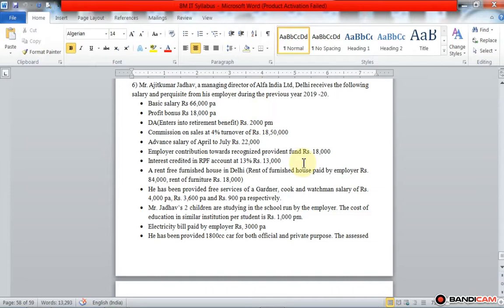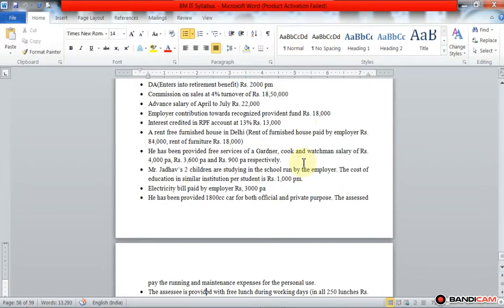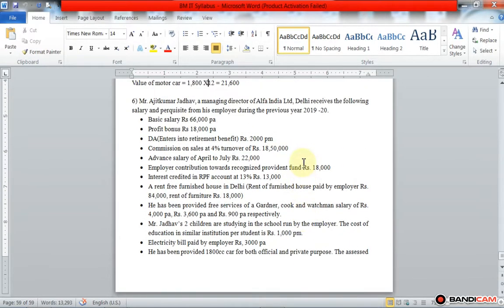So the first one is basic salary per annum given. Basic salary rupees 66,000 per annum. Per annum means yearly, the assessee will get 66,000 rupees as basic pay. Then bonus 18,000 per annum.